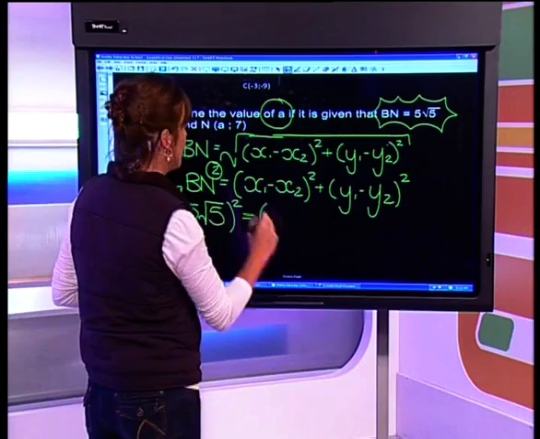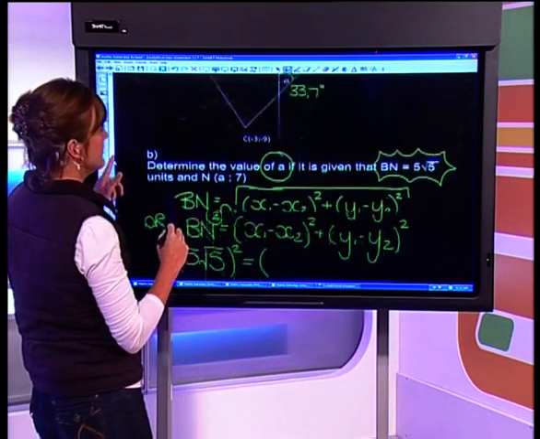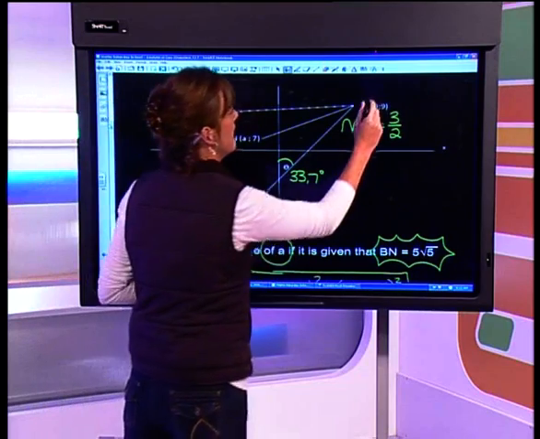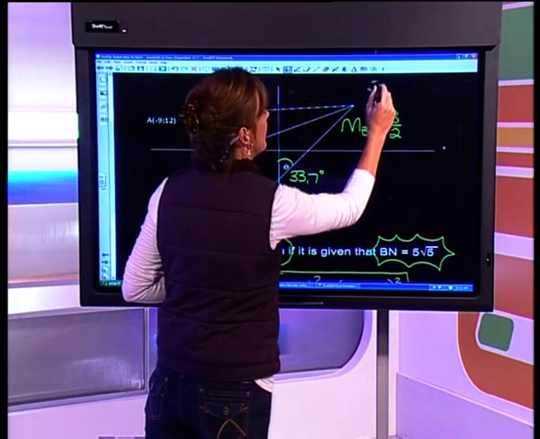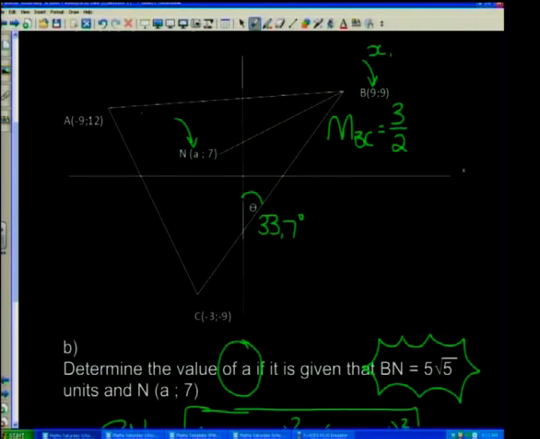Okay, then we've got x1. Once again, we're going to have to talk about the x1 and x2. So let's call this value over here x1. Let's call this one over here x2. We've got y1. And we've got y2. Okay, just take a moment to do this carefully.